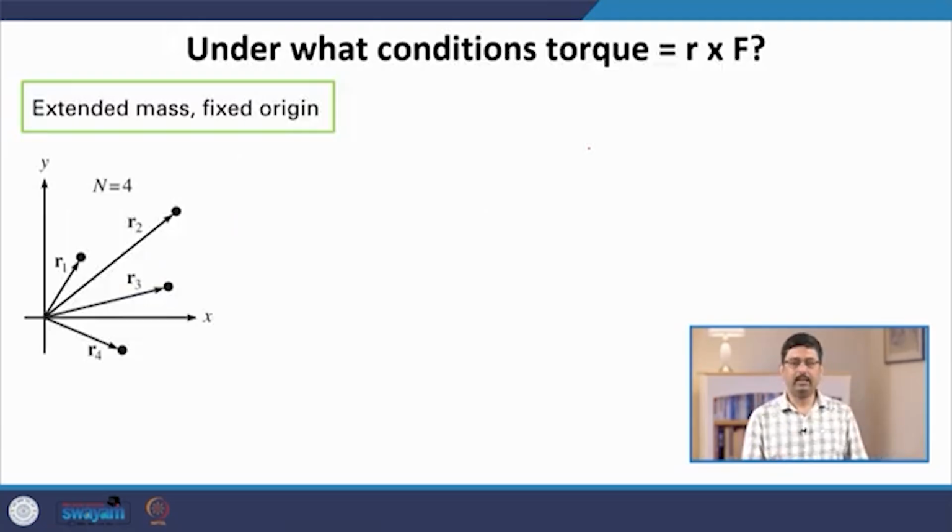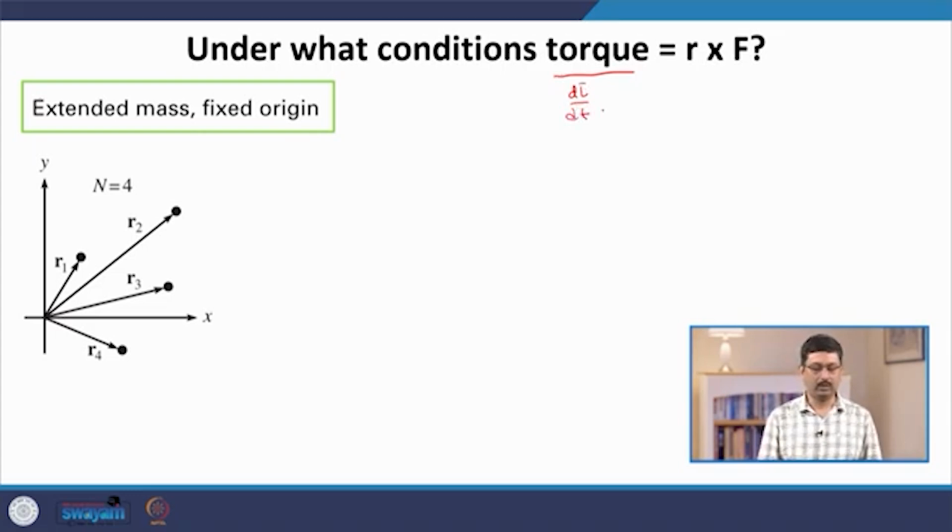So, let us come back to our discussion of under what condition the torque, that is dL dt, the rate of change of angular momentum, is equal to r cross F. So far we have considered a single point mass. Now, we generalize it to an extended object. For simplicity we describe this extended object as a collection of point masses.